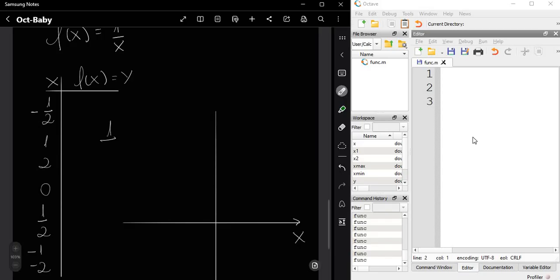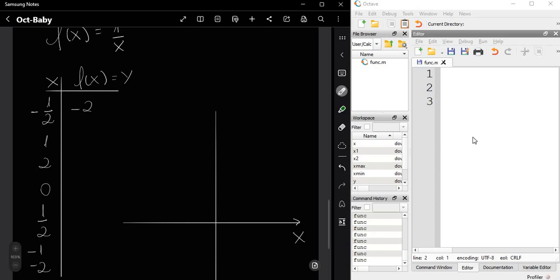Now it's just simple algebra. 1 over 1 minus 1 over 2 is 1 over 1 times 2 over 1, so that is equal to minus 2.